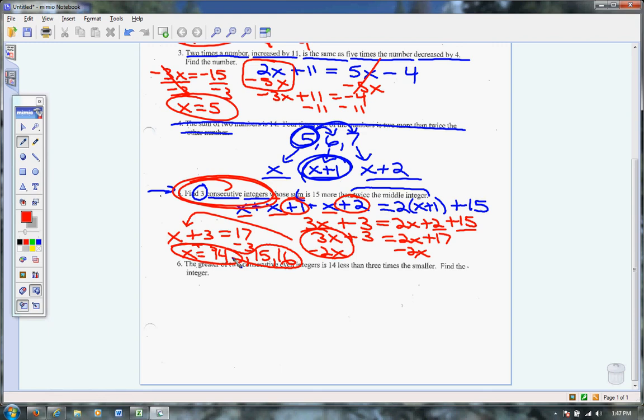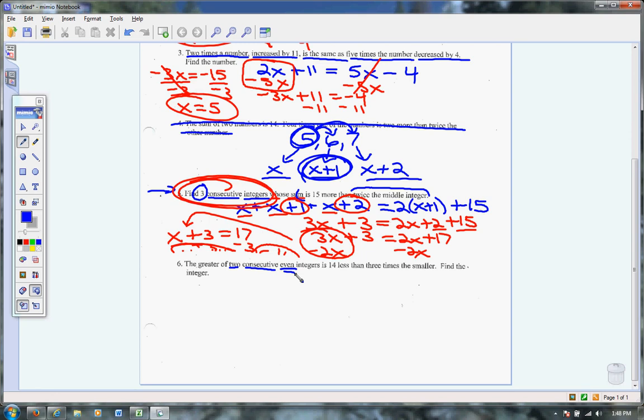Now, let's take a look at number 6. We already kind of know how to do number 6. I'm going to erase some of my scratches here so we can see it all the way. Number 6 talks about 2 consecutive even integers. Now let's think about 2 consecutive even integers.